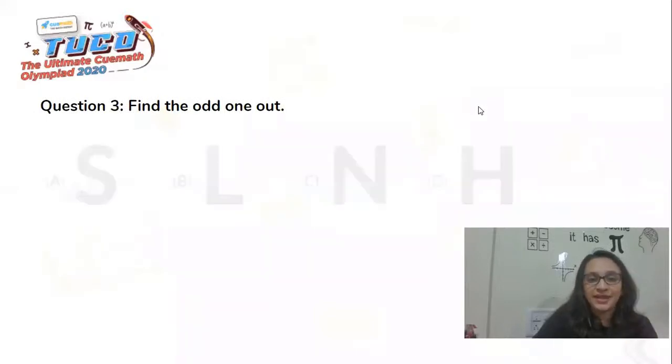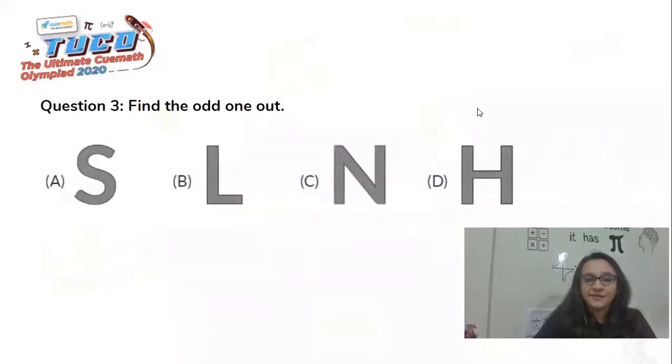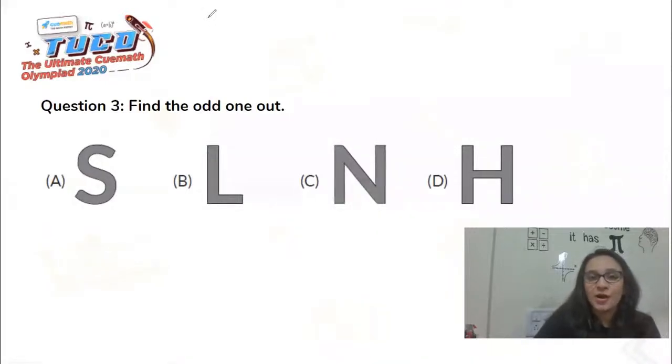Again, find the odd one out. And here we have a set of alphabets. So let's see how many of you can answer this correctly. If we observe the four letters which are given here, we see that L, N and H are drawn by making use of straight lines.